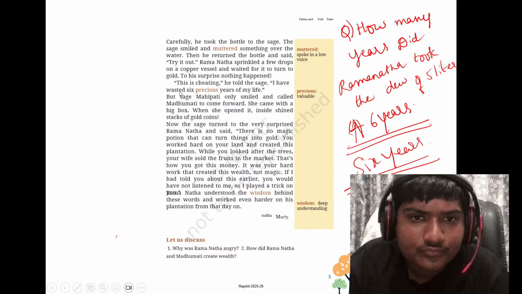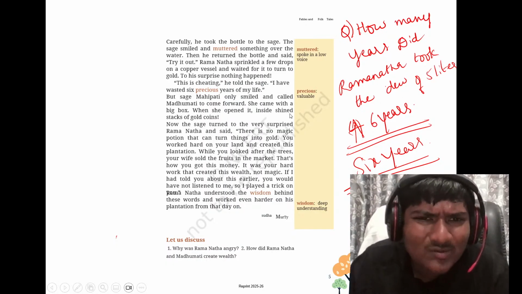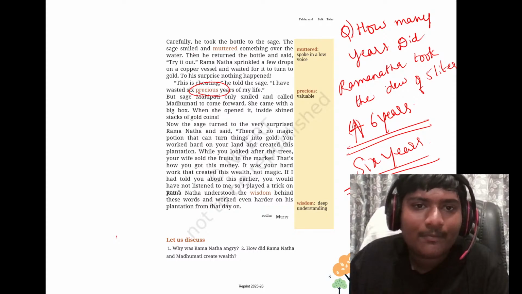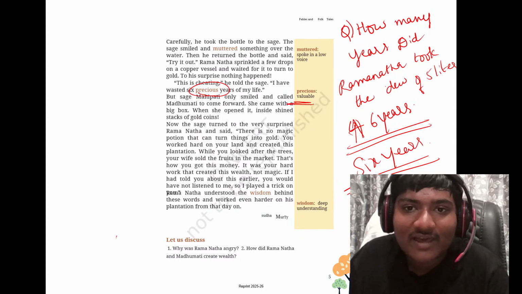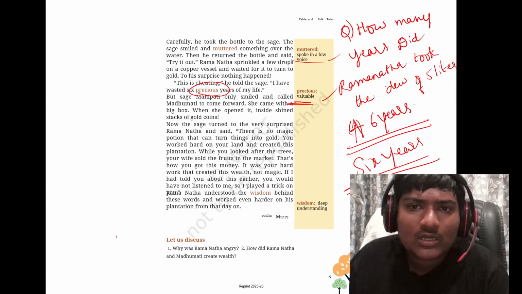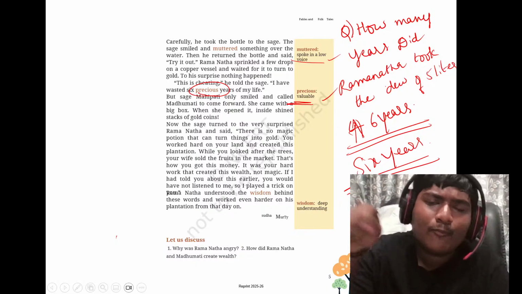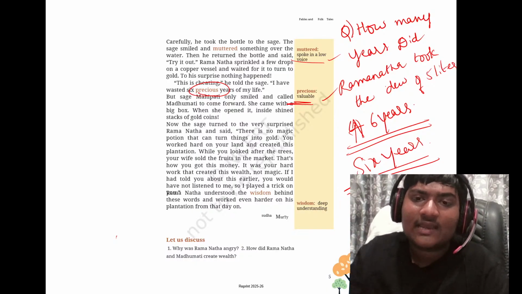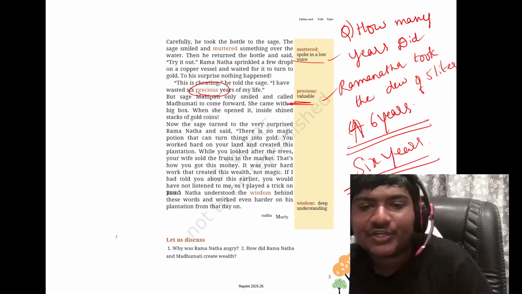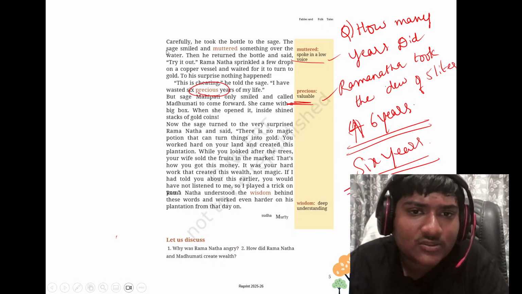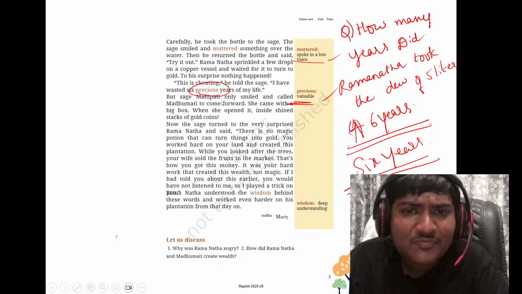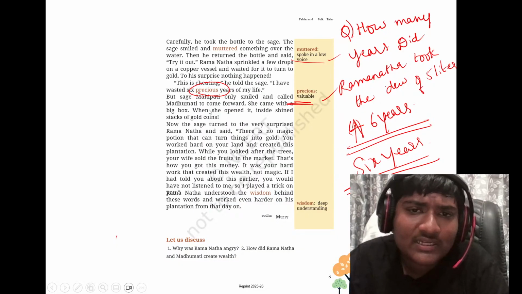Precious. What is meant by precious? Precious means valuable. Valuable, muttered, spoken. See, these keywords are very important, which are displayed at the side with biscuit color shading. Very, very important. Okay.